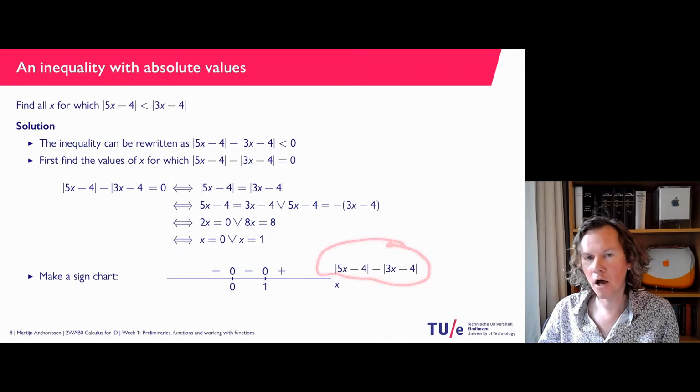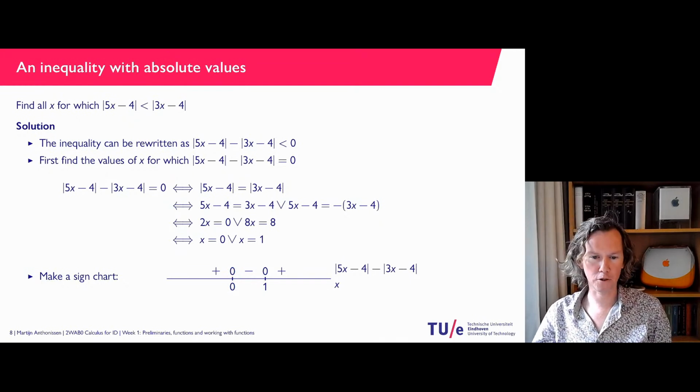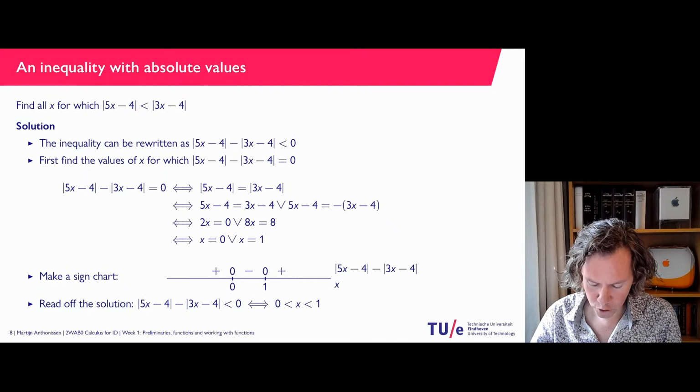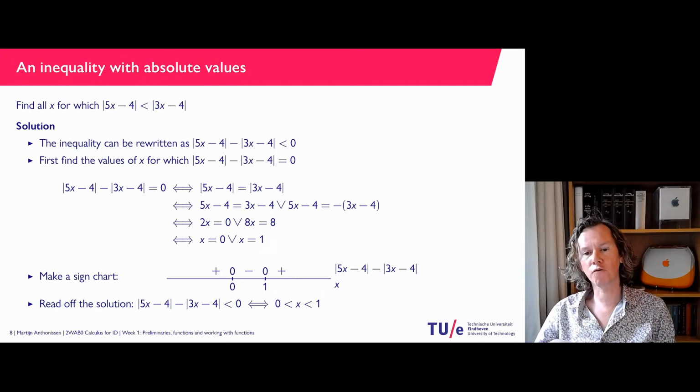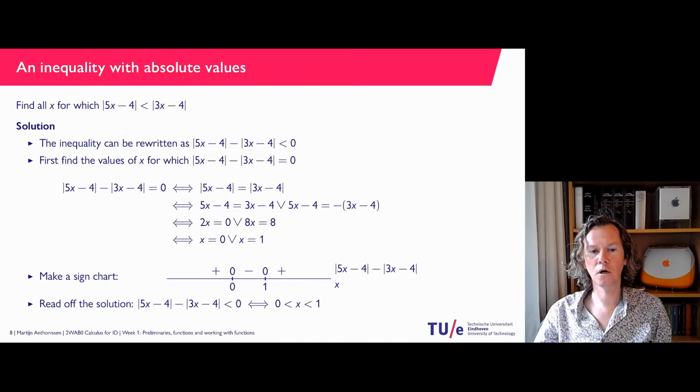We pick nice values, for instance 1000 here to the right and minus 1000 here to the left and maybe 1/2 in between. If you do that, you get plus minus plus. I trust you can do it by now. So then we can read off the solution and we're done. Apparently for x values in between 0 and 1, this inequality holds true. So that's how to deal with these inequalities.